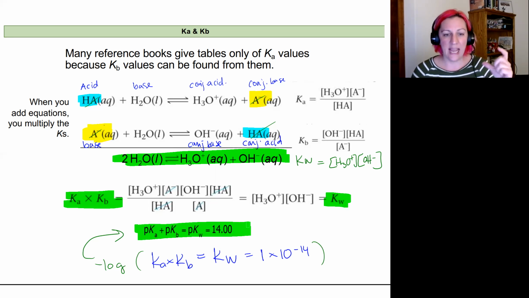Remember, when we take the negative log of two values that are multiplied, it becomes the negative log of one of those values plus the negative log of the other one. And so that might just require a little algebra refresher if it's been a while. So we have two equations that we can use to readily convert between Ka and Kb, and it's all going to rely on Kw.